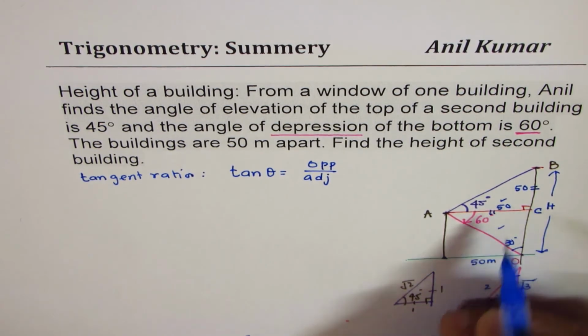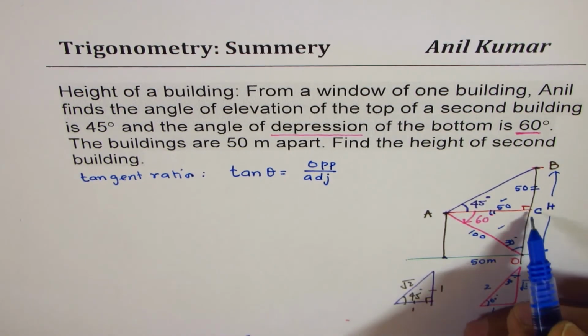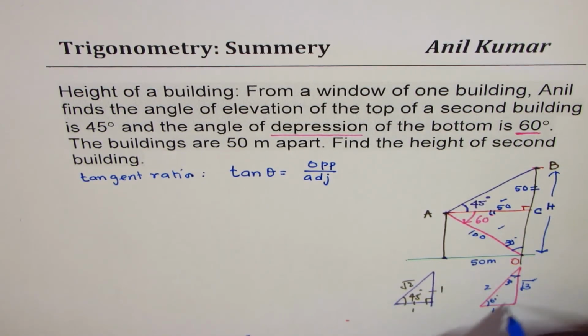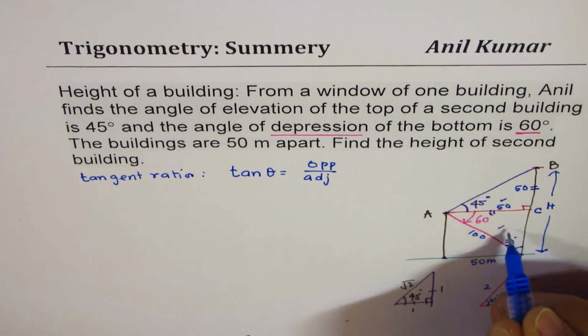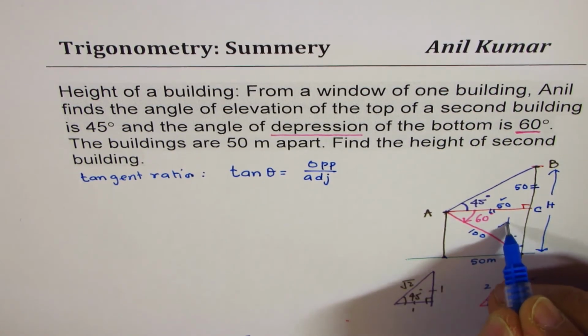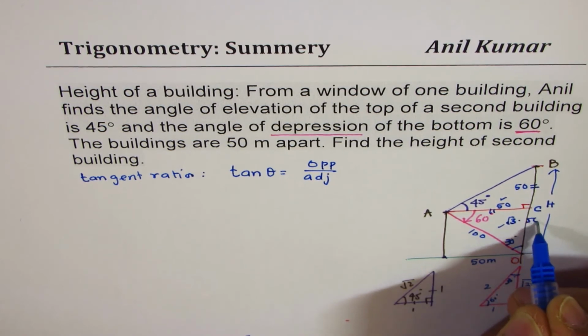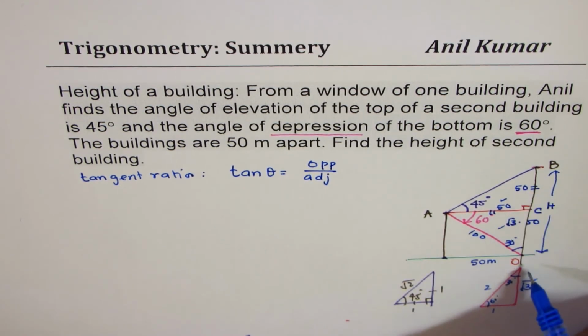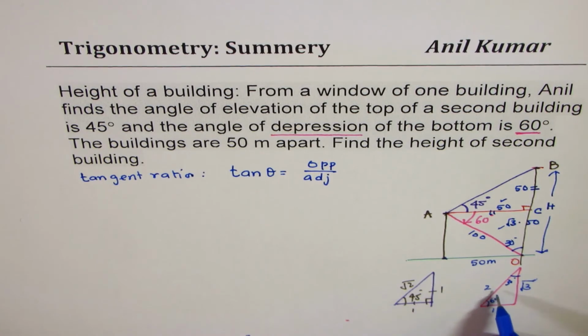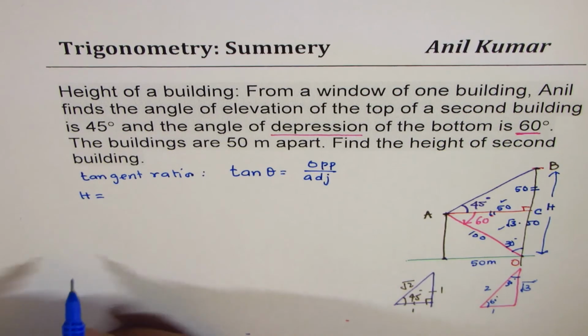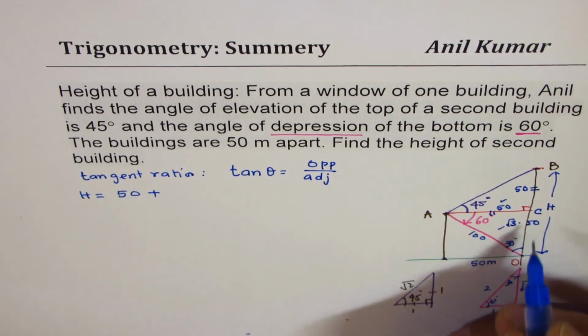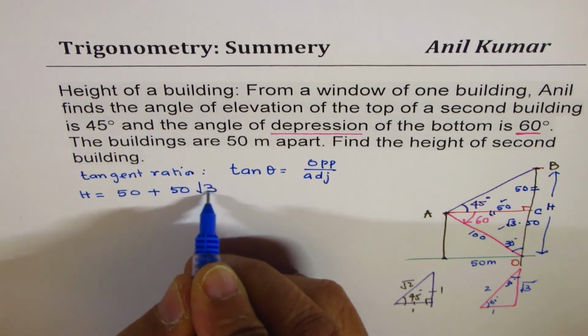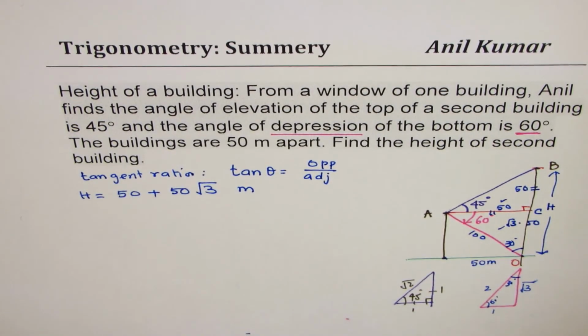So the hypotenuse is twice this; you can write 100 here. And this side will be square root 3 times the adjacent side, so it is square root 3 times 50. Do you see that? The total height should be the sum of these two. That is the solution. So using our special triangles, we have the answer: height h equals 50 plus 50 square root 3 meters. Do you get an idea, right?